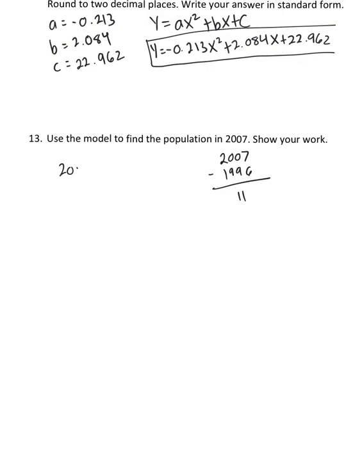So 2007 is 11 years after 1996. So the value that you're using is 11, not 2007. So your X value is the number of years. On the table, it's called T, and that number is 11. And the Y value is the number of people that are included in that population in 2007.